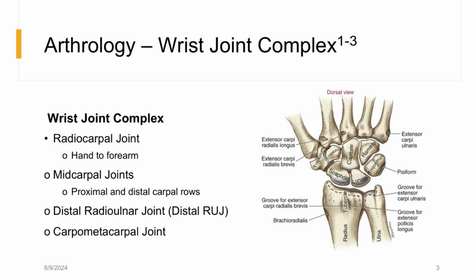Your mid-carpal joints are your articulations of the proximal and distal carpal rows, and your distal radial ulnar joint is your articulation between the distal radius and distal ulna, and your carpal metacarpal joint is your articulation between the trapezium and the first metacarpal, okay, which makes up what they call the CMC joint.